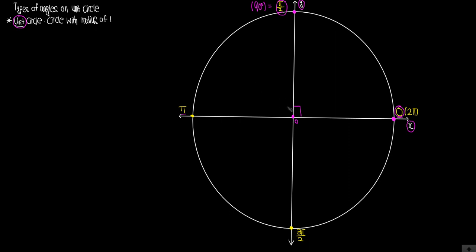So let's say from 90 degrees we went 90 degrees even more. 90 degrees plus 90 degrees will be totally 180 degrees. And 180 degrees is pi radians. Pi radians stands for 180 degrees.